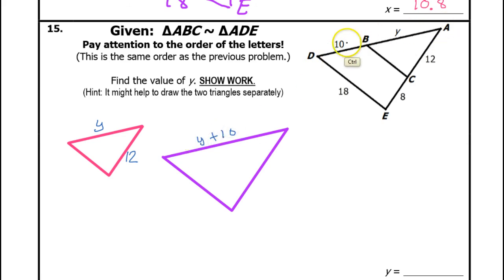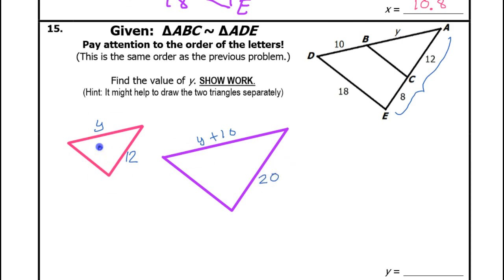From A to D is the large side of this triangle, and I have to add these up. 10 plus y, that's y plus 10. Similarly, side AE is going to be 20, just like it was on the previous problem. I have to add these up as well, so that's going to be 20.